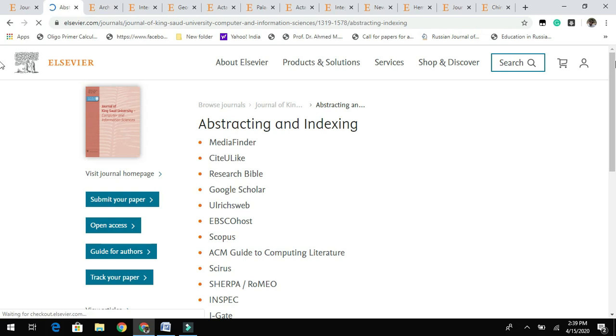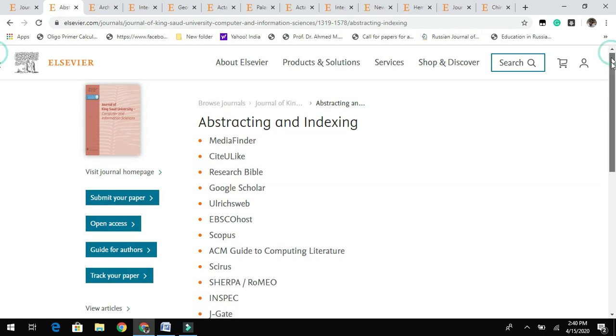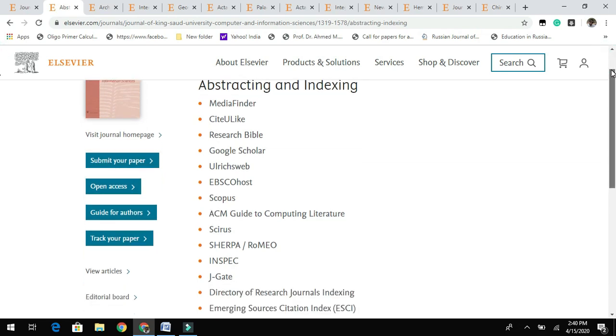So whatever journals I am trying to show you are open access with no publication fee. But before communicating, I request you all to just see the publication policies and read the author guidelines.